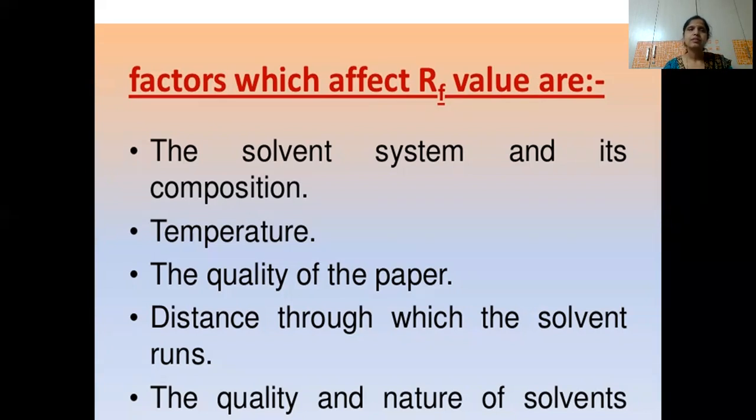Then we have seen why some components travel to a larger extent and why some travel to a smaller extent. That is based on adsorption or affinity and also the solubility. And then we have seen the RF, that is retardation factor, which should always be less than 1.